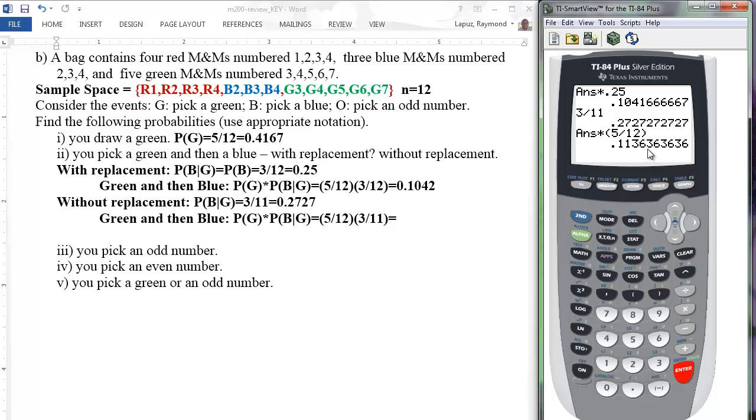And that's going to give us 11.36%, or as a decimal, 0.1136, rounded off.